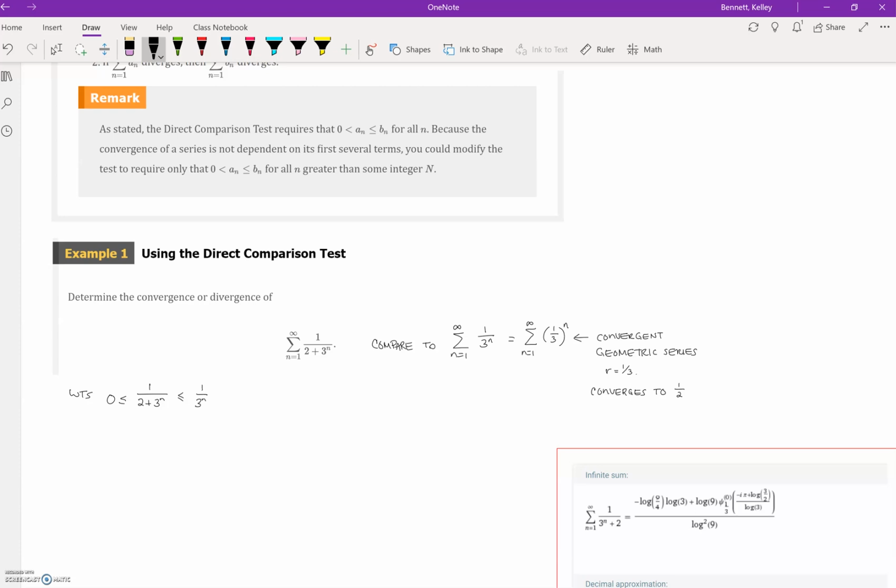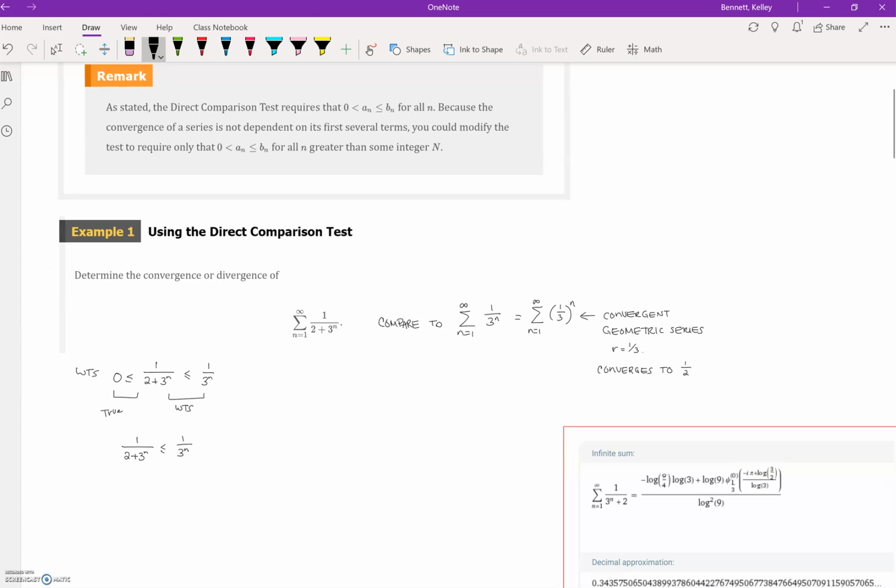The first piece, that it's positive, we already know is true, so I don't have to worry about that. And we need to show this inequality right here. So how do we do that? We say 1 over 2 plus 3 to the n is less than or equal to 1 over 3 to the n. We don't know if this is true or not yet, but we're just working with it.